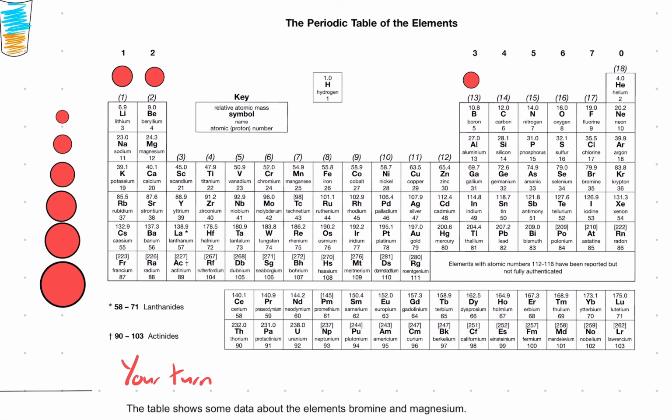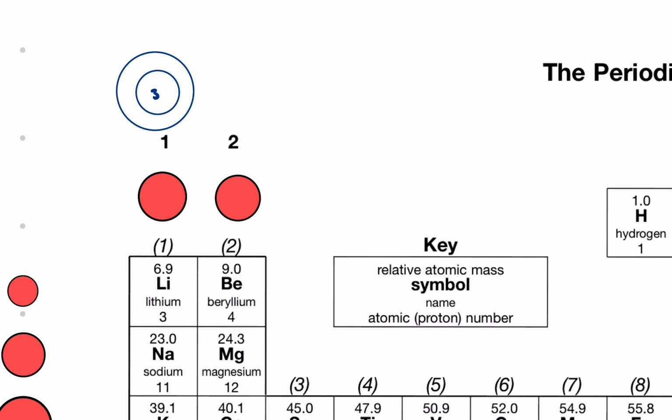And again, we can draw a quick diagram to show that. So if we quickly draw the electron structure of lithium, we've got 3 protons in there and our 3 electrons, okay? Then if we go to beryllium, this time we've got 4 protons with very little difference in the electron shielding here.